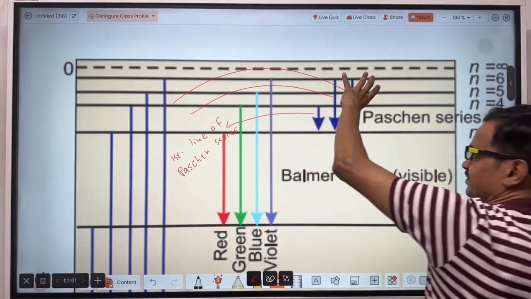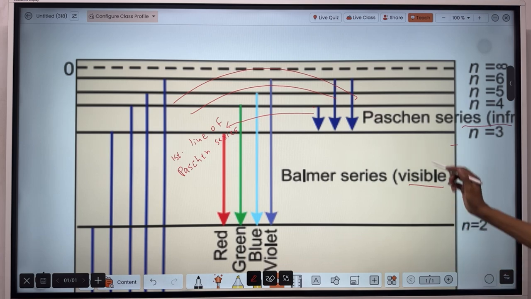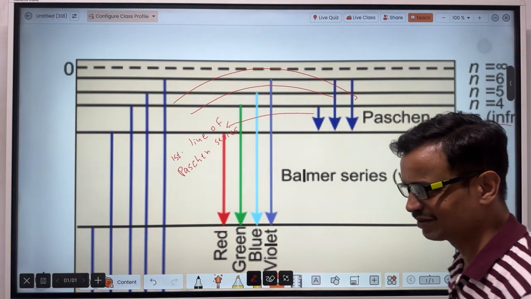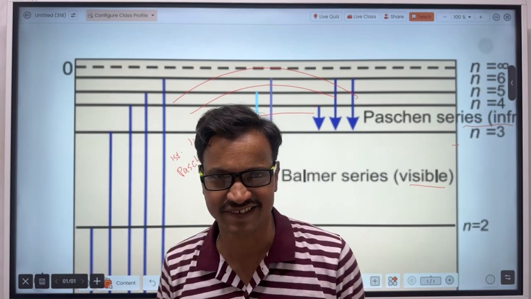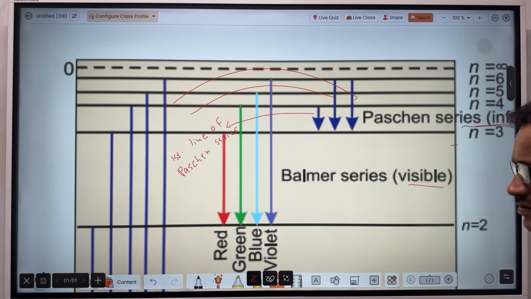Watch out here, the energy of the radiation under Pascal series is less, so it comes under the infrared region.